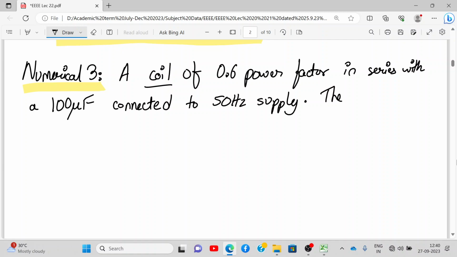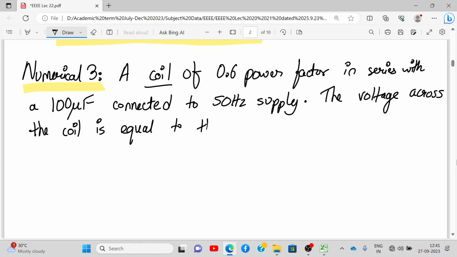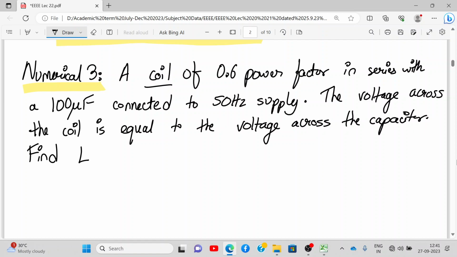The potential difference, or the voltage, potential difference is also called voltage, across the coil is equal to the voltage across the capacitor. Find inductance and resistance of the coil.